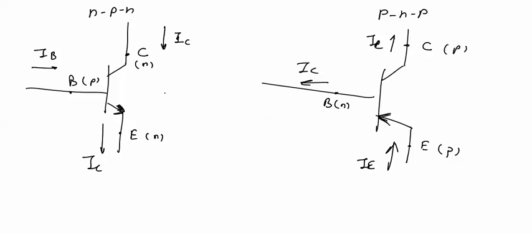Now the terminal voltages for PNP transistor are like this, and this will be the last terminal voltage, that is VEC.